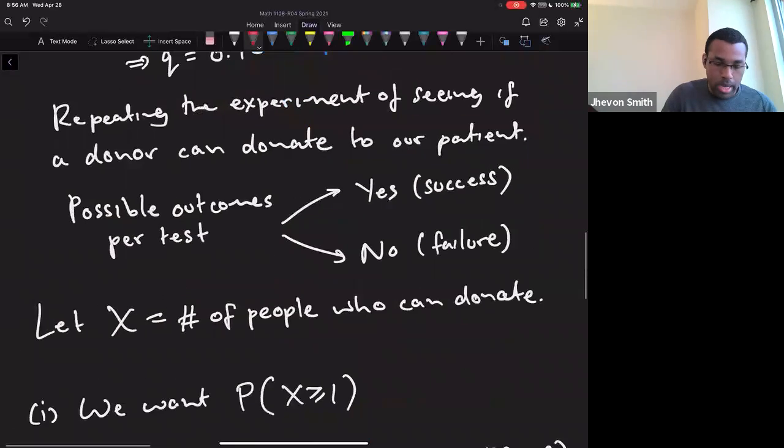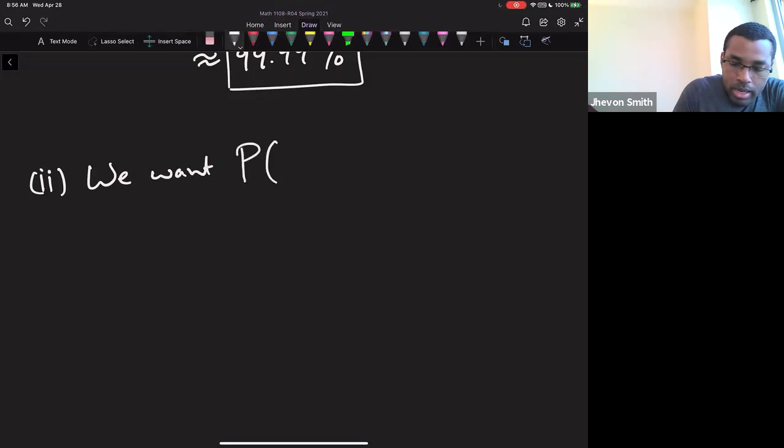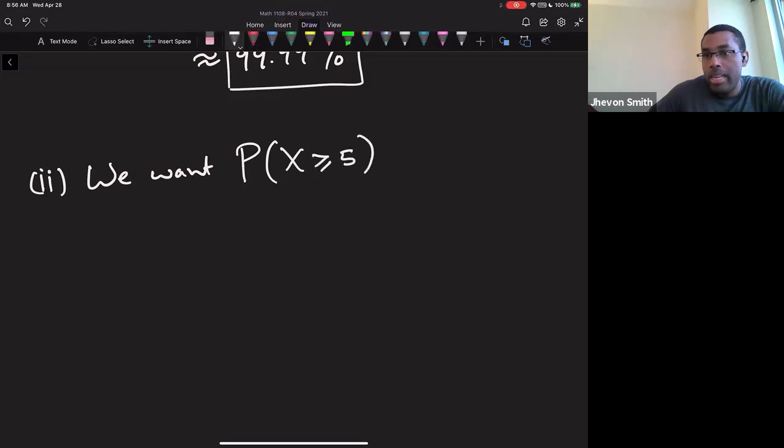They can get all the blood that they need and more. So what part B, part 2 is talking about, we want the probability that the number of people who can donate is at least 5. That way we'll get all the blood that we need. We might even get extra, right? So that's what it meant by be careful about all possibilities.